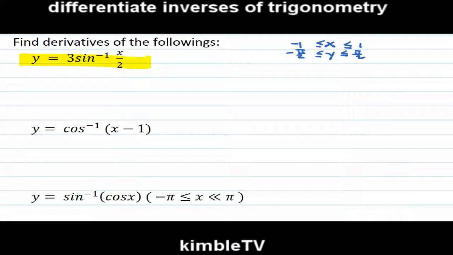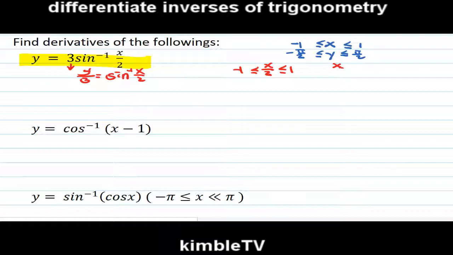You should rearrange this into y/3 equals sine inverse of x/2. Therefore, x must be replaced by x/2, between -1 and 1. Multiply both sides by 2: x is between -2 and 2.